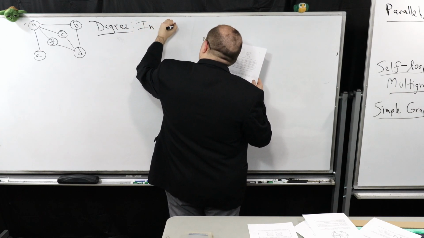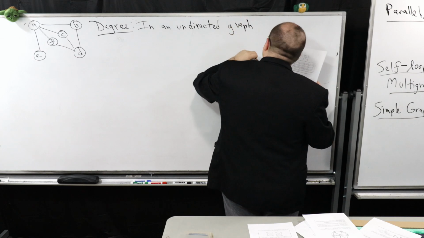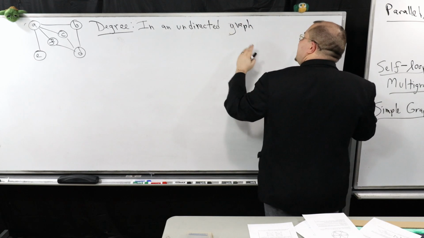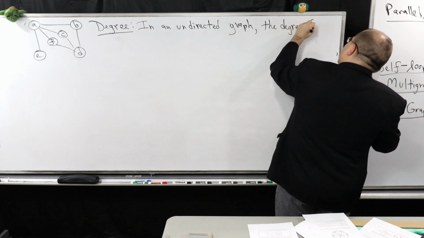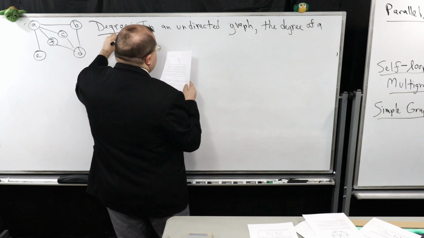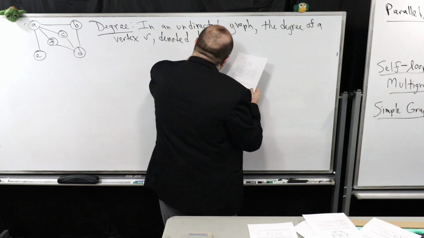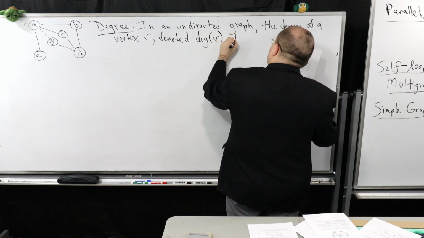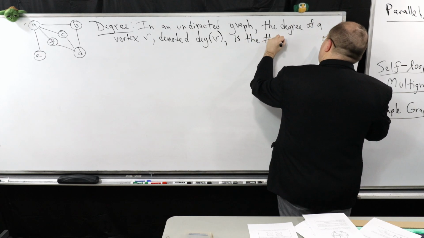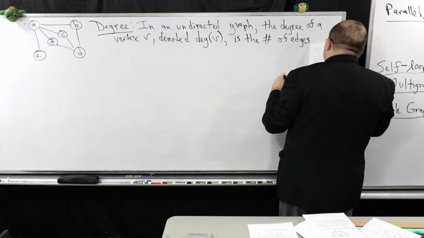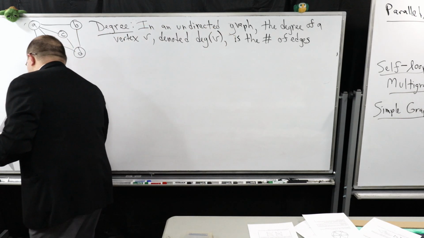In an undirected graph G, the degree of a vertex V, which is denoted deg of V, is the number of edges, my apologies, I inhaled a little dust there.